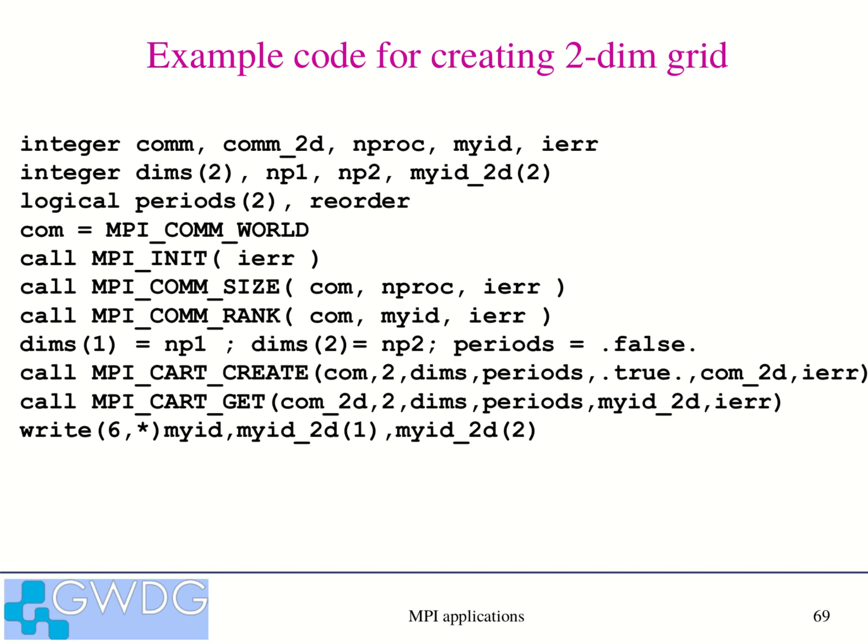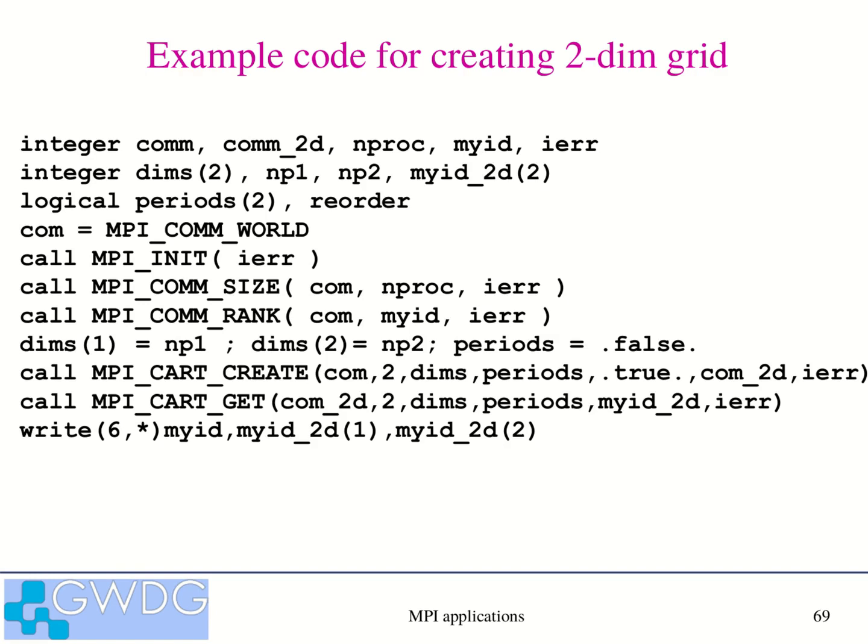This is the name of the new communicator, which I call com2d, which I have to specify as an integer. I lost one m here, you see, compared to the specification, so there is an error here. But nevertheless, I create the grid. The virtual communicator created has the name com2d.